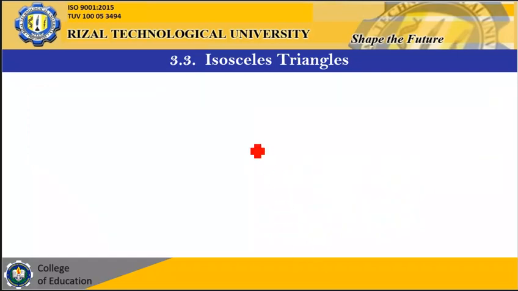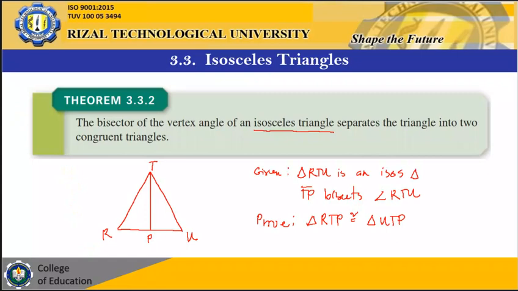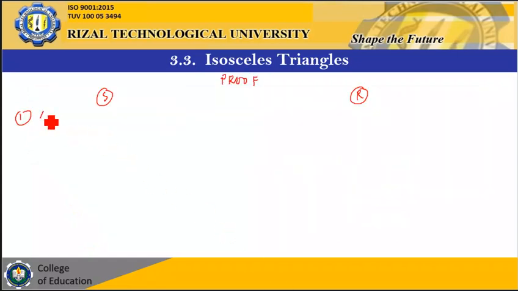Let's have our proof, from our statements and our reasons. So number one, of course, let's use the first given. So triangle RTU is an isosceles triangle. That is given. Okay, what do we know?